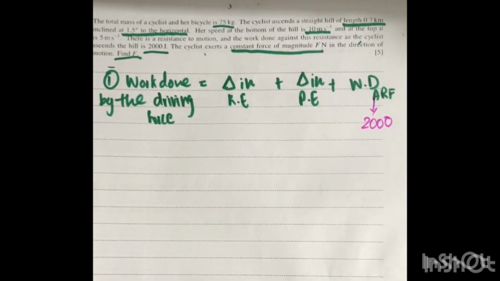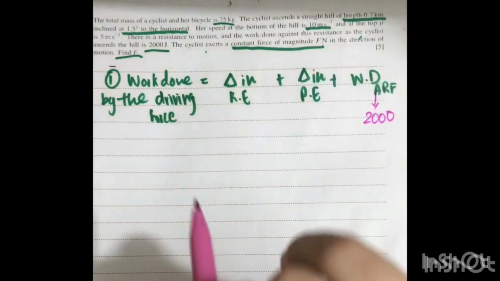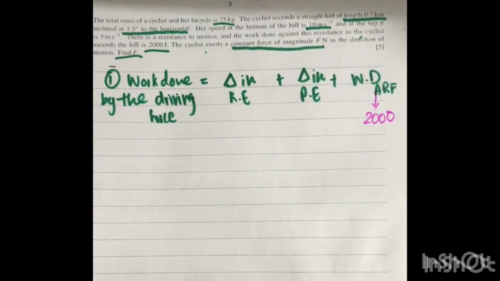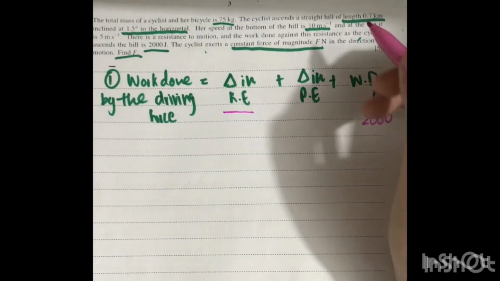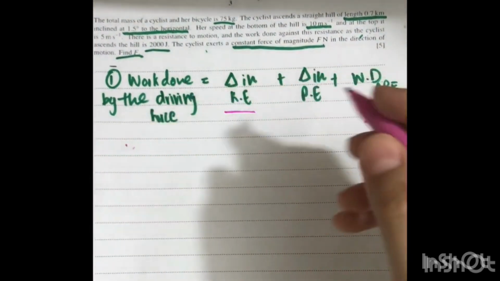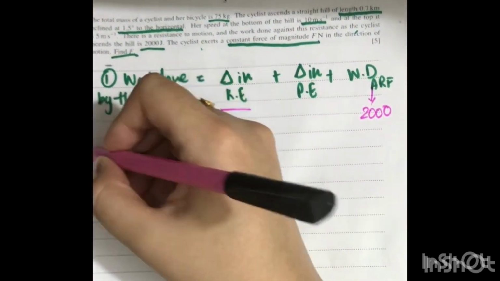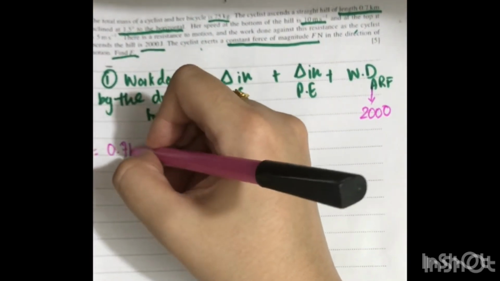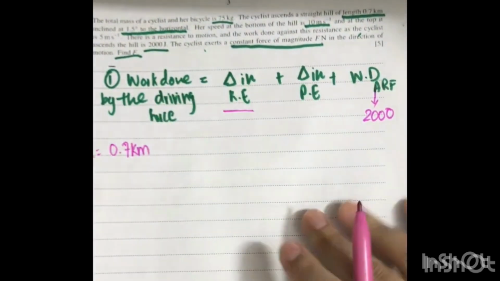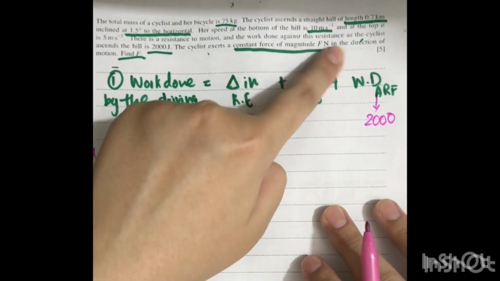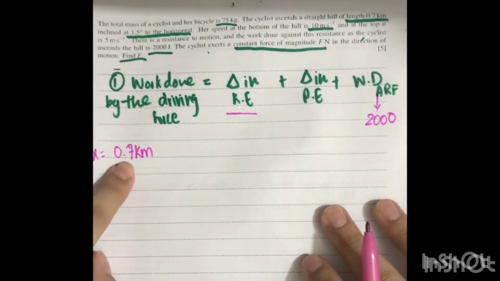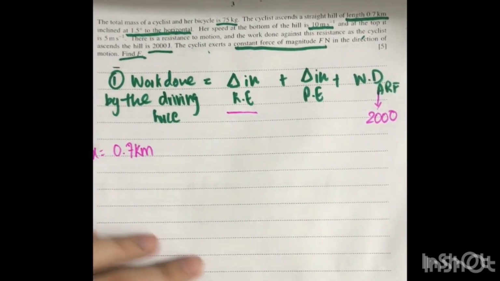They've also given us the initial speed as well as the final speed, so we can find the change in kinetic energy. And they've also given us the distance traveled, which is 0.7 kilometers. But the speeds are given in meters per second, which means that the distance traveled must also be in meters.